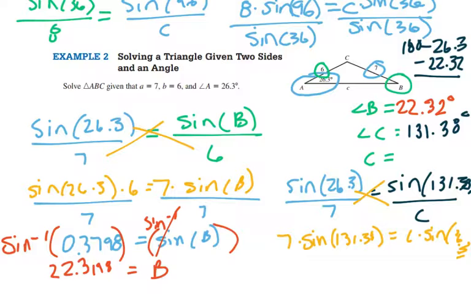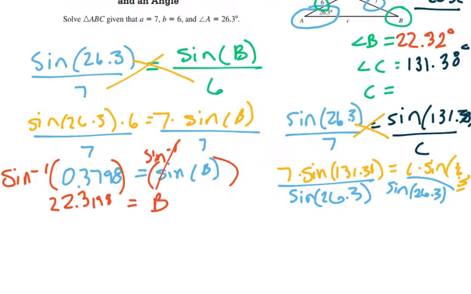And so if we divide both sides by sine of 26.3, we're going to end up with the length of c.